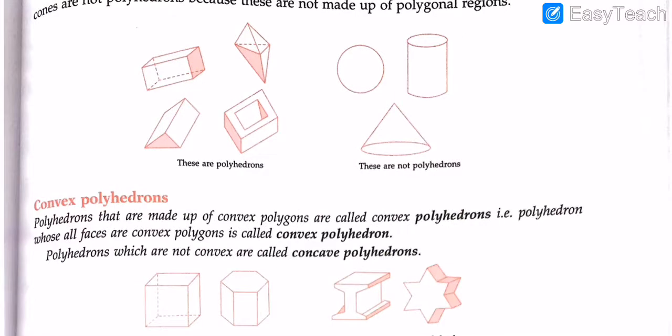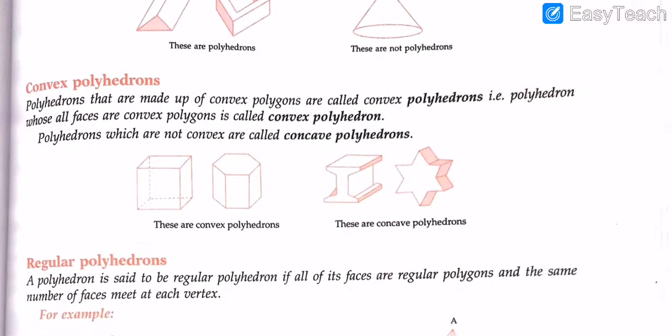Okay. Now let's get to know about convex polyhedrons. So polyhedrons that are made up of convex polygons are called convex polyhedrons. That is, a polyhedron whose all faces are convex polygons is called a convex polyhedron. Polyhedrons which are not convex are called concave polyhedrons. Like, you have a concave and a convex angle. Similarly, over here you have a convex and a concave polyhedron. See the angles over here.